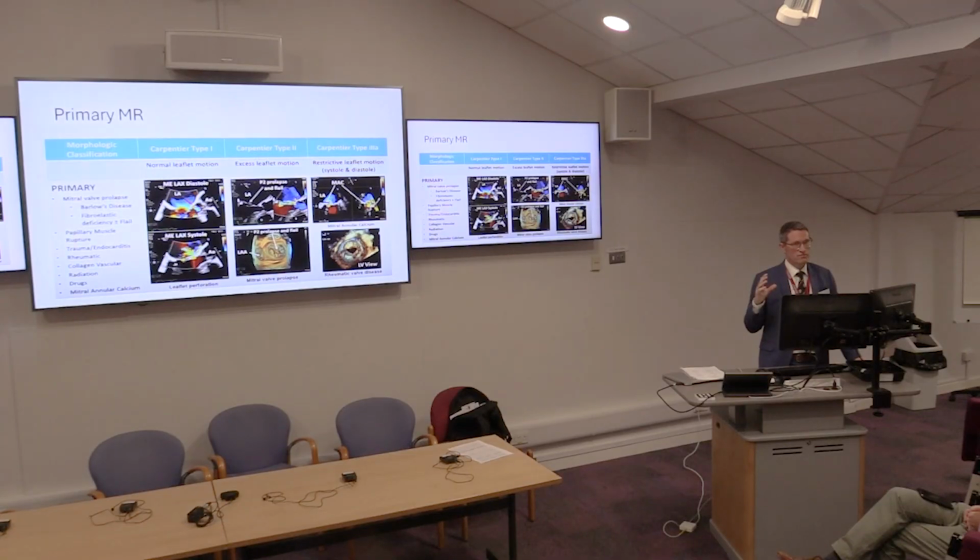So in any patient with fibroelastic deficiency who's got a P2 prolapse, they will inevitably get annular dilatation with time, with chronic loading of the left atrium, with chronic MR. So there will be a type 1 element, I guess, but I think it's important to try and work out which is the predominant mechanism, because that's going to determine how you manage the patient subsequently, and we'll come to that when we go through some of the guidelines around managing this.